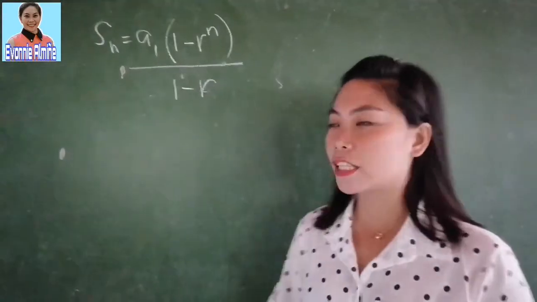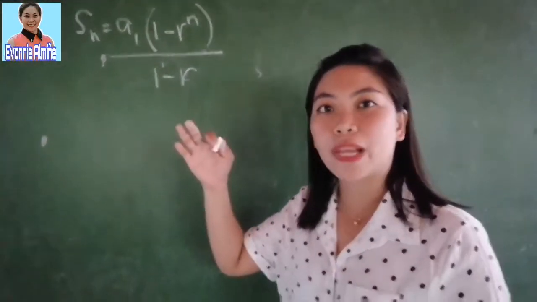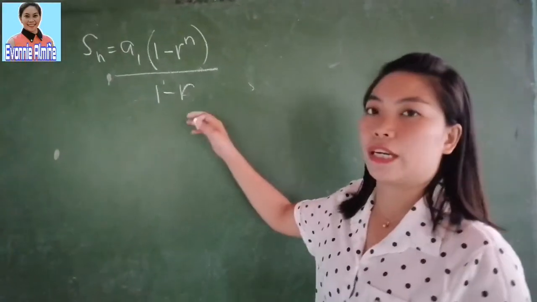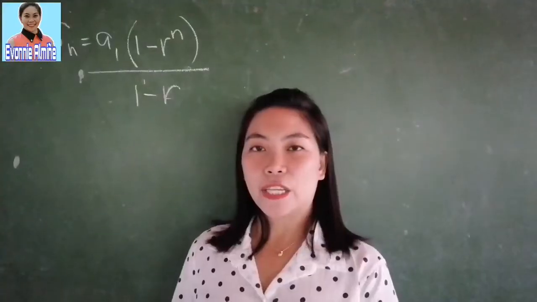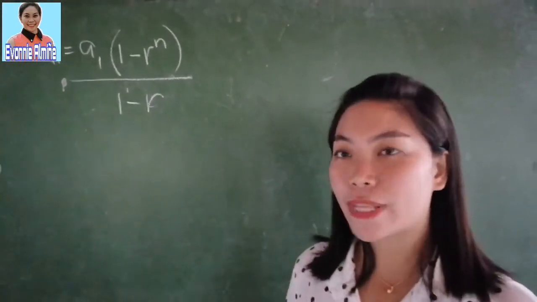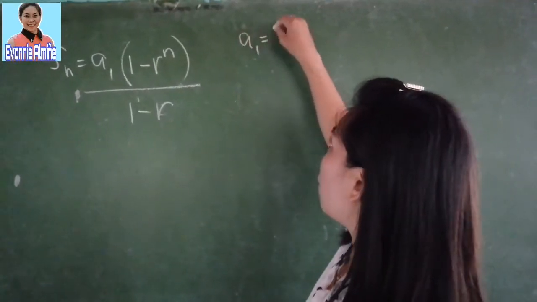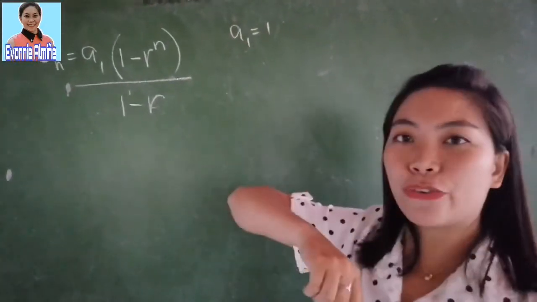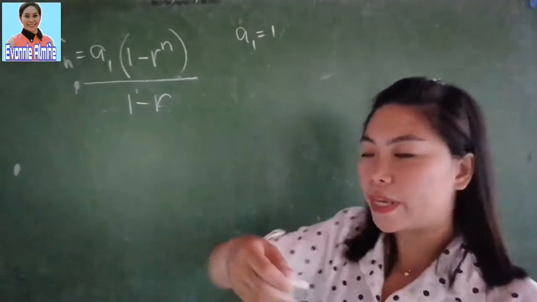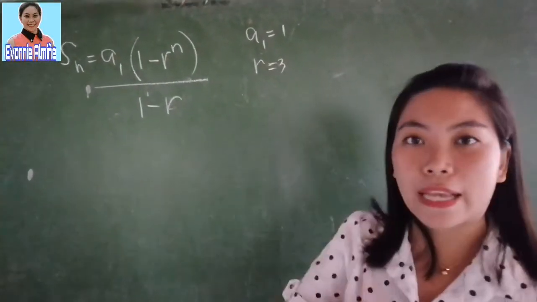Promise! Okay, now let's proceed to an example para po ma-apply natin yung formula ni sum of the terms ni geometric sequence. So let's find out the sum of the first 7 terms of a geometric sequence. Given the first term, 1, and the common ratio, common ratio is 3. So, first 7 terms.